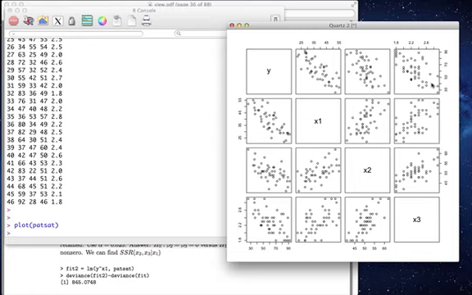Now we should also be on the lookout for confounding, and we see a lot of that. This scatter plot shows the relationship between age and severity: older patients tend to have more severe illnesses than younger patients. Likewise, older patients tend to be a bit more anxious than younger patients.